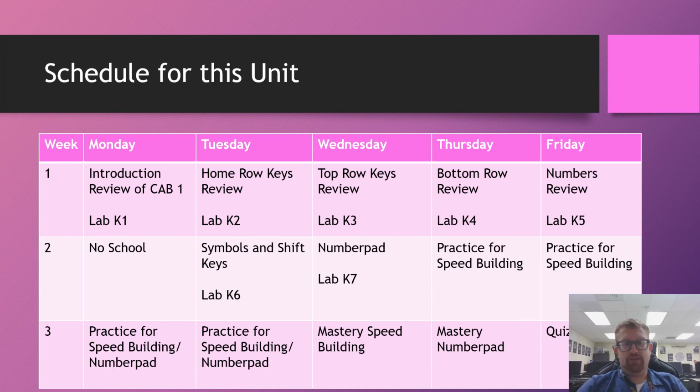And then you'll have various practice assignments using the number pads. And again, we'll talk about that as we get to it. Mastery speed building activity will be on Wednesday of the 3rd week, and Mastery number pad will be on the Thursday. These may combine into one, and then on the last Friday we have our quiz, and that will be the end of this unit.